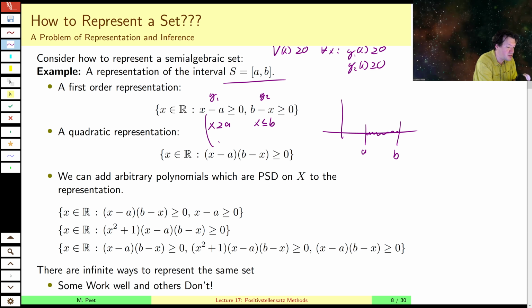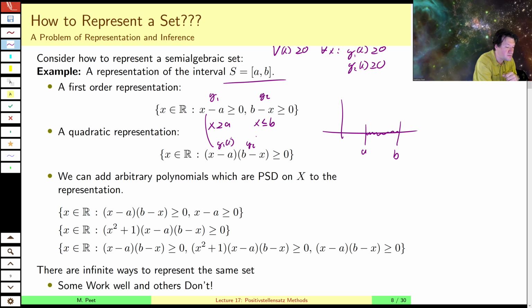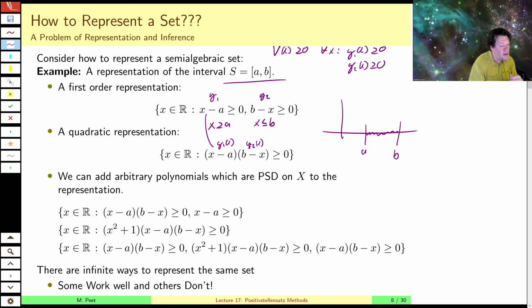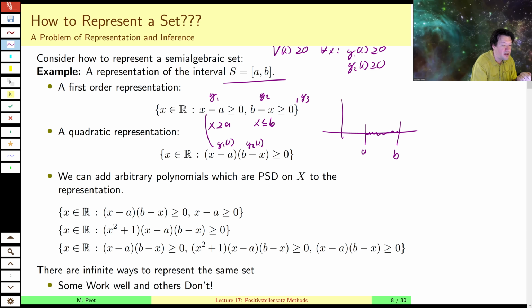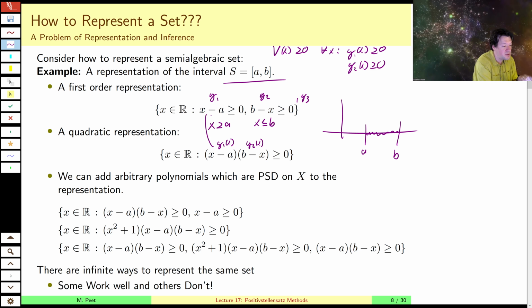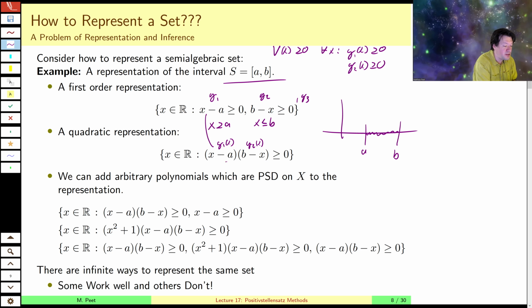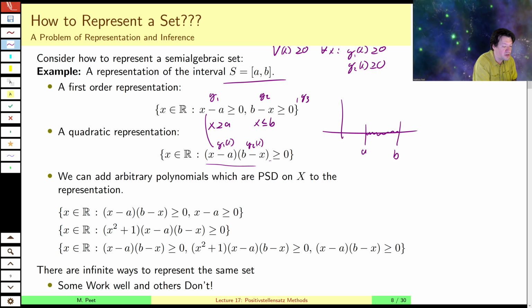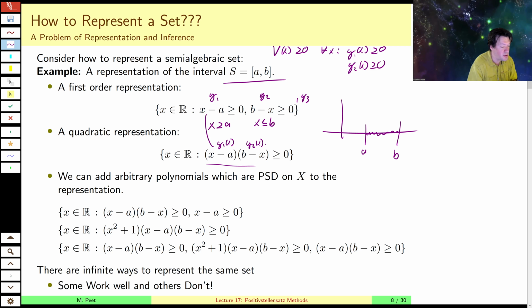So that's g1 and g2. And if we combined all three, that would also be a representation of the set, because on that set, x is greater than or equal to a, x is less than or equal to b, and therefore this product is also greater than or equal to 0 because both of the parts are greater than or equal to 0. So this is an equivalent representation where we've added g3.